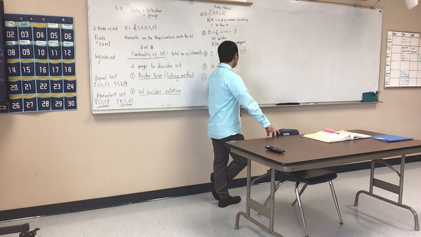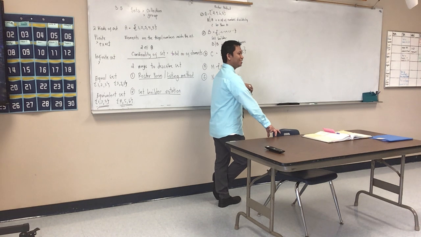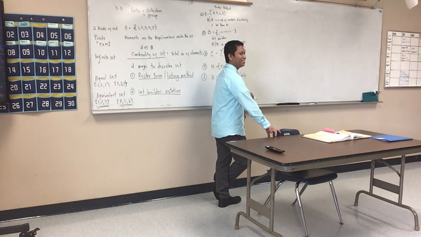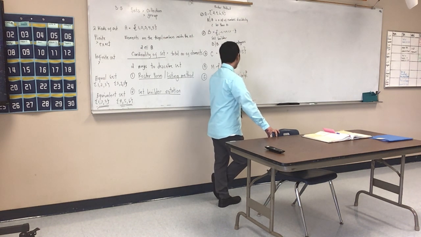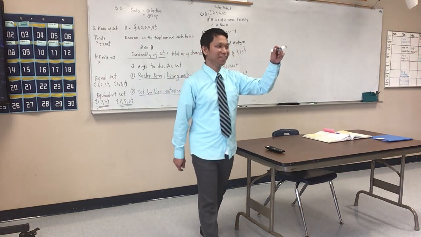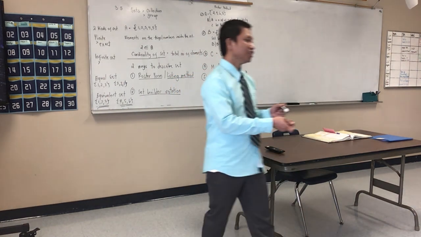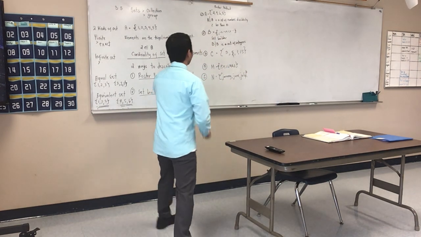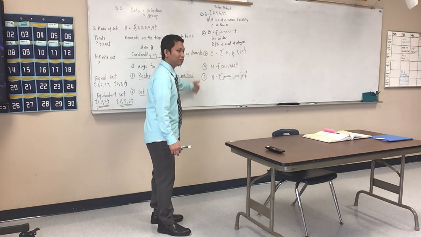We have June, July, August... Okay, so these are the elements. Is it clear? It's easy, right?